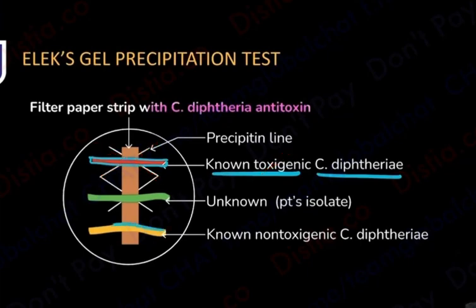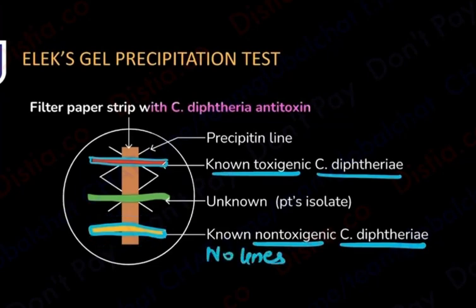Then I kept another filter paper. On that also I kept Corynebacterium diphtheriae, but I deliberately kept a non-toxigenic strain. Now will you see precipitin lines? No, I don't see any precipitin lines over here. So ultimately I have made my own test: if a line forms, toxin is there; if no line forms, toxin is not there. Now I keep my patient sample over here.